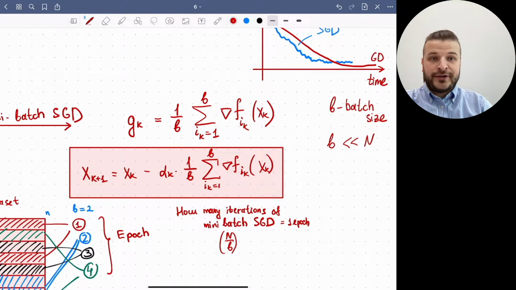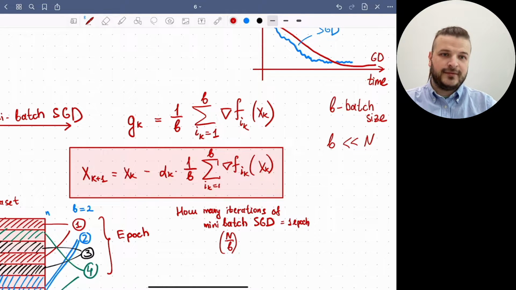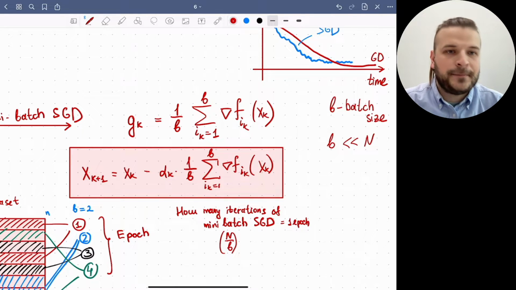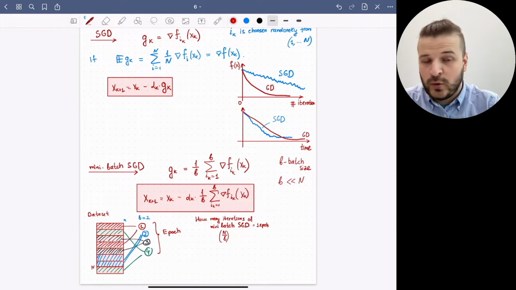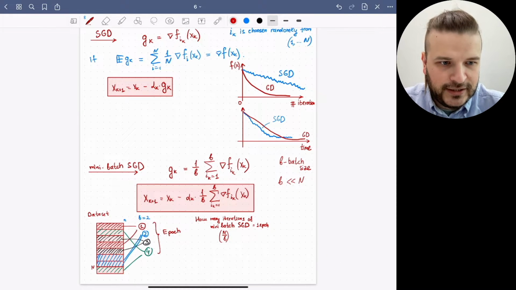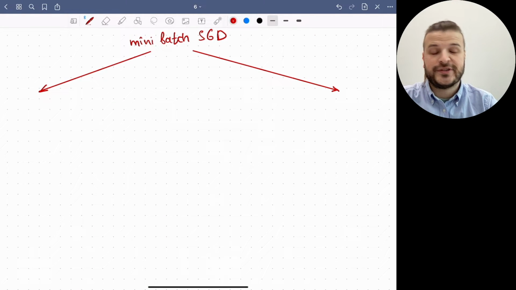And that's actually a very interesting question. Let's discuss how the batch size affects the training, especially in neural network training or machine learning training. Okay, we have 2 extreme options here.